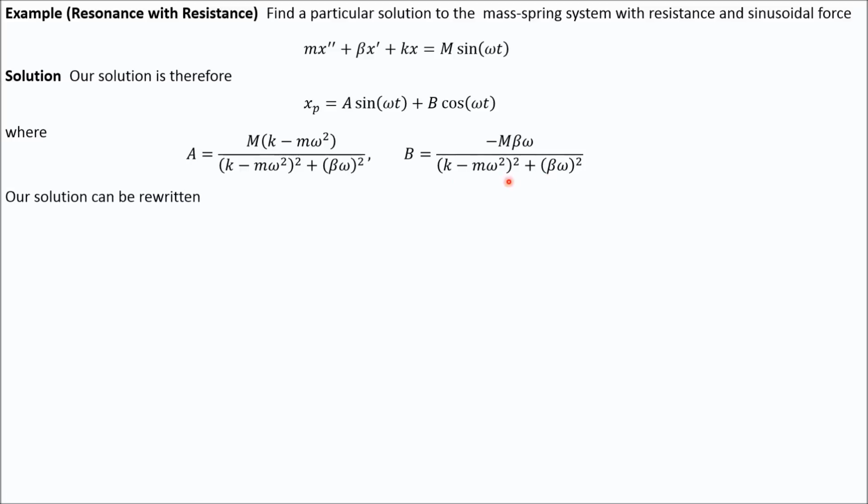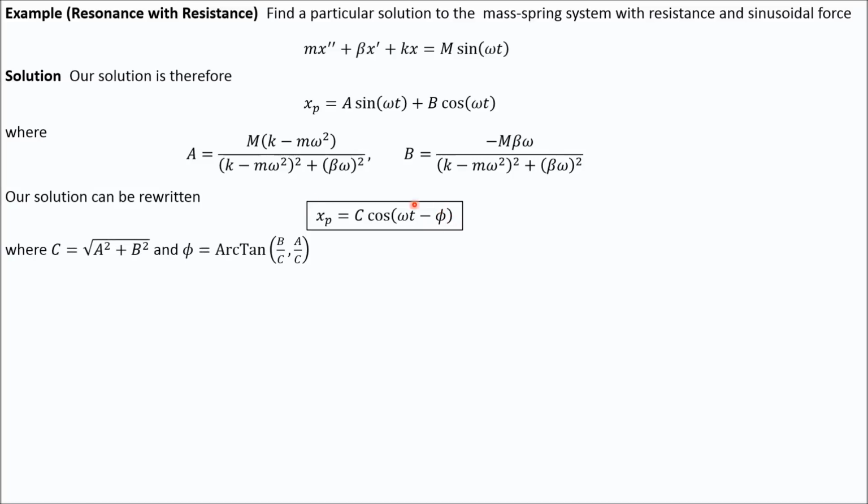Then we can rewrite our solution using the trigonometric identity, C cosine(omega t minus phi), where C is the square root of A squared plus B squared, and phi is the arctangent of B over C, A over C, where I'm referring to the two-argument arctangent function, documentation for which is in Mathematica.